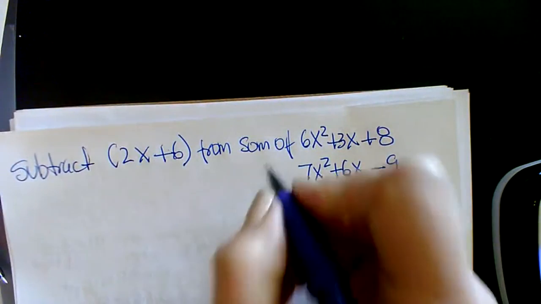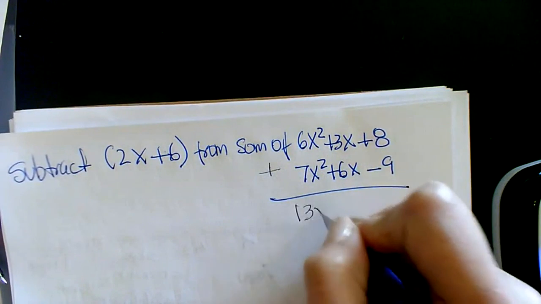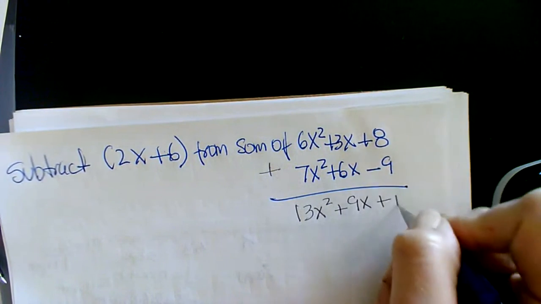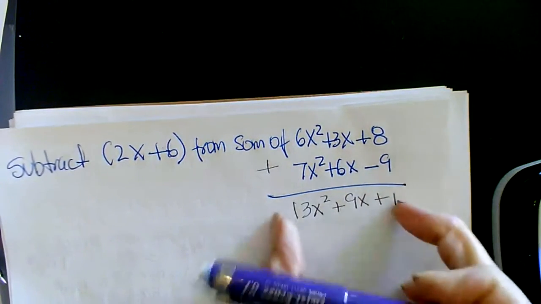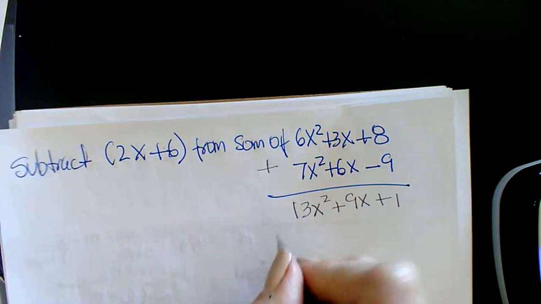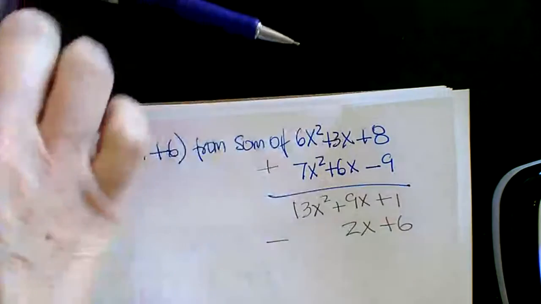So first I have to do this addition. What do I get here? This is 13x squared. This is 9x. And this is 1. From here, they want me to subtract the 2x. Subtract 2x plus 6.